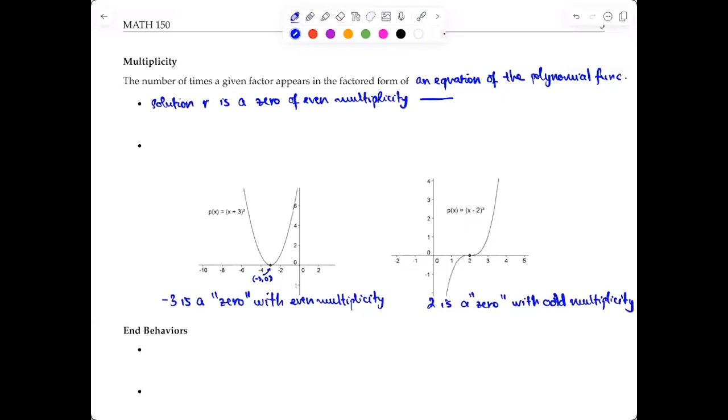When you have this, this means that the graph of the function f touches the x-axis at r.